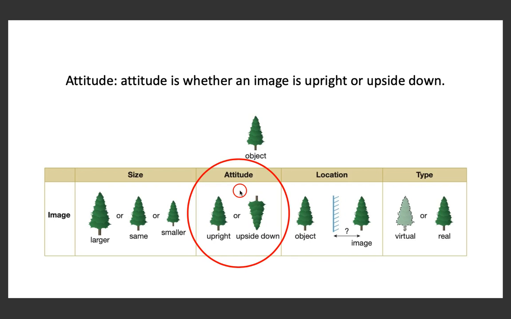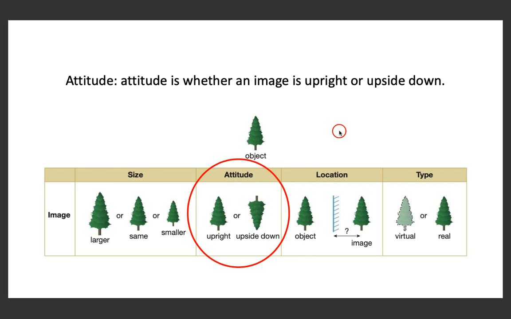A spoon is an example of a converging mirror, as we're going to see. You might not have noticed before, but if you look at your image in a spoon, the image can be upside down. So that's what we mean by attitude: whether the image is upright or upside down.